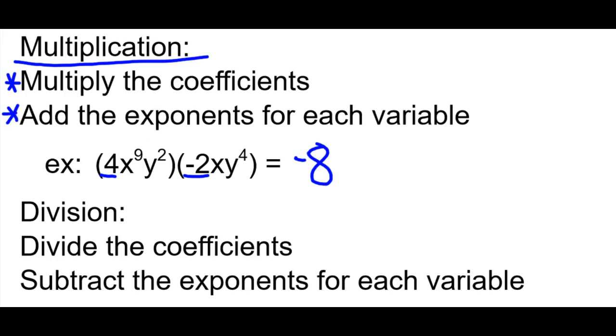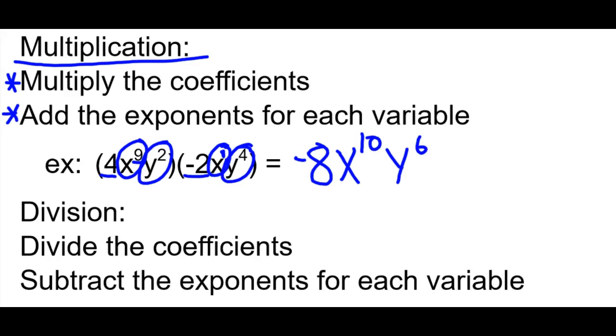When I say for each variable, I mean you look at the x's first. We have 9 here, and that's the invisible 1 right there, so overall there are 10 x's. X to the 10th, and y to the, look at our y exponents, 2 and 4, gives us y to the 6th. So we have simplified this and got -8 x to the 10th, y to the 6th. That's multiplication.